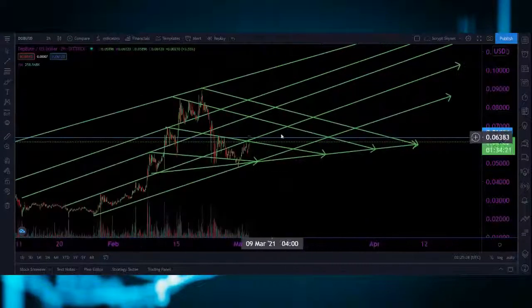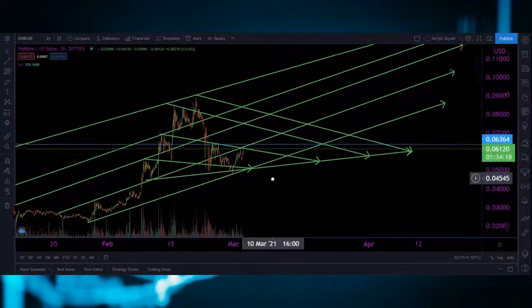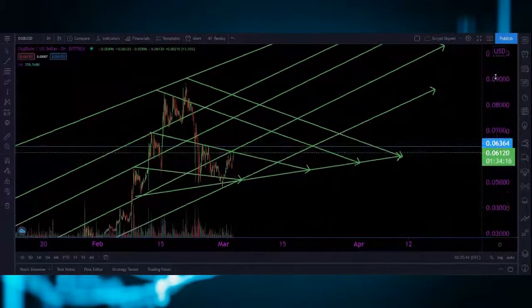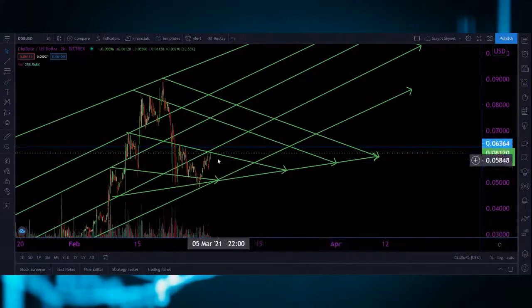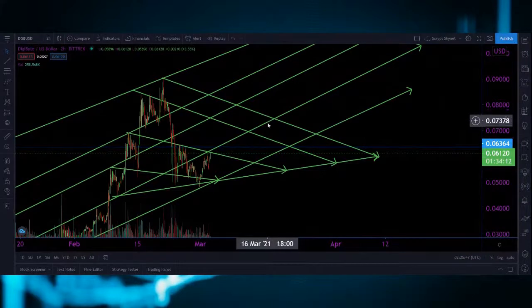So roughly this hex pattern. If I was a betting man, it'd be somewhere right here. This square right here.